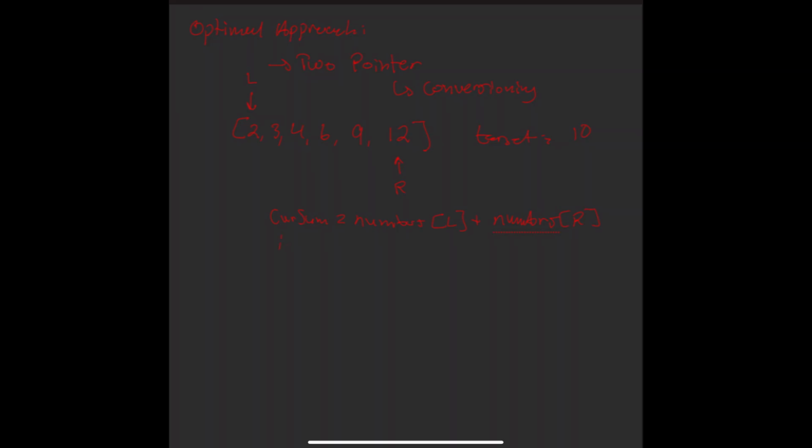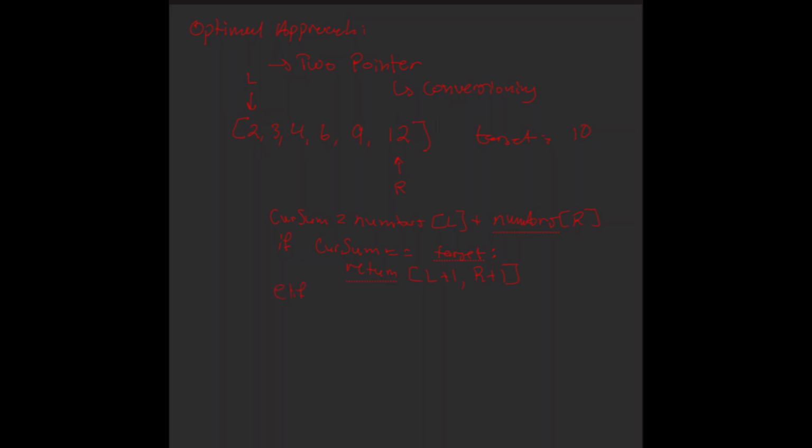We check if the current sum equals the target. Then we would return L plus 1 and R plus 1.